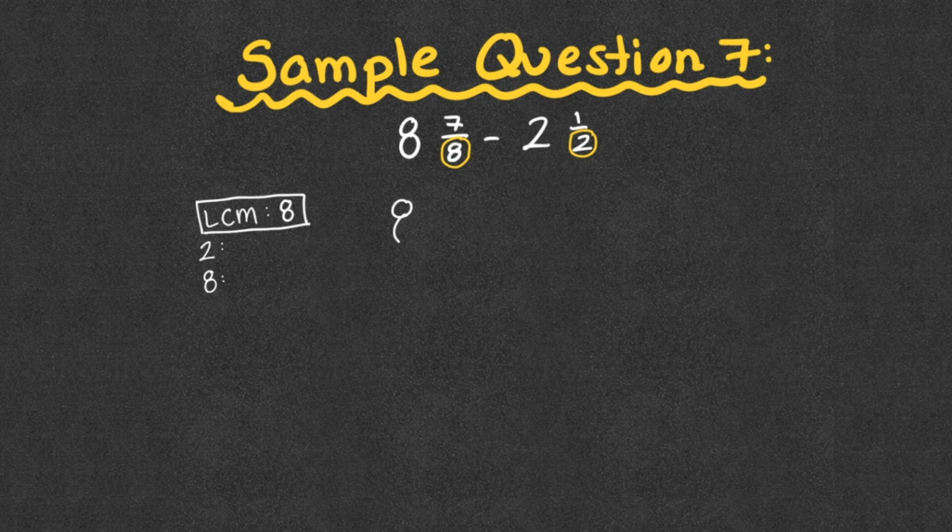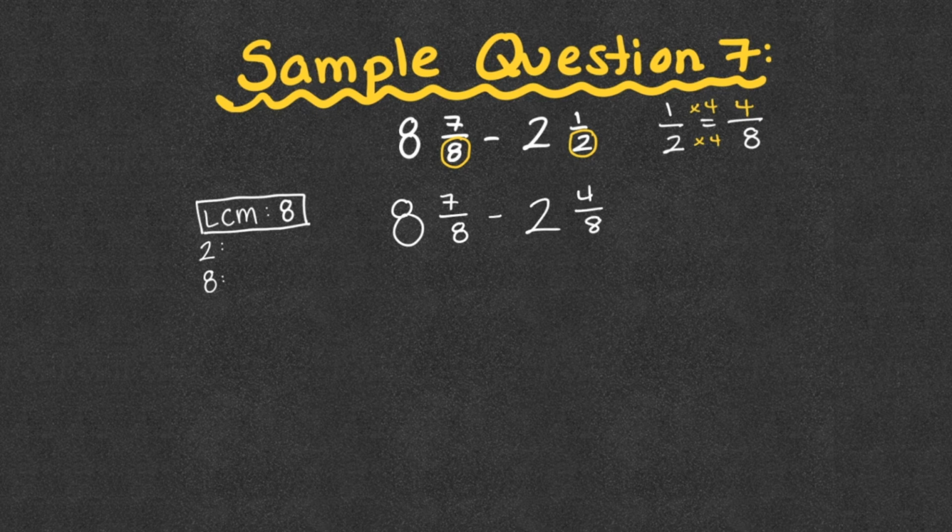So I'm going to bring this number down, 8 and 7 eighths. 7 eighths is already out of eighths. If I take 1/2 and I make it out of eighths, times 4 times 4, we get 4 eighths. So I now get minus 2 and 4 eighths.